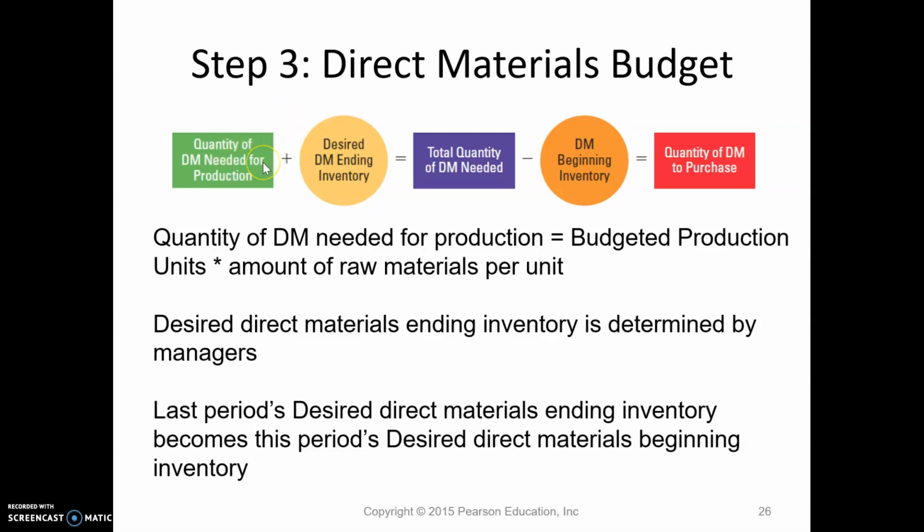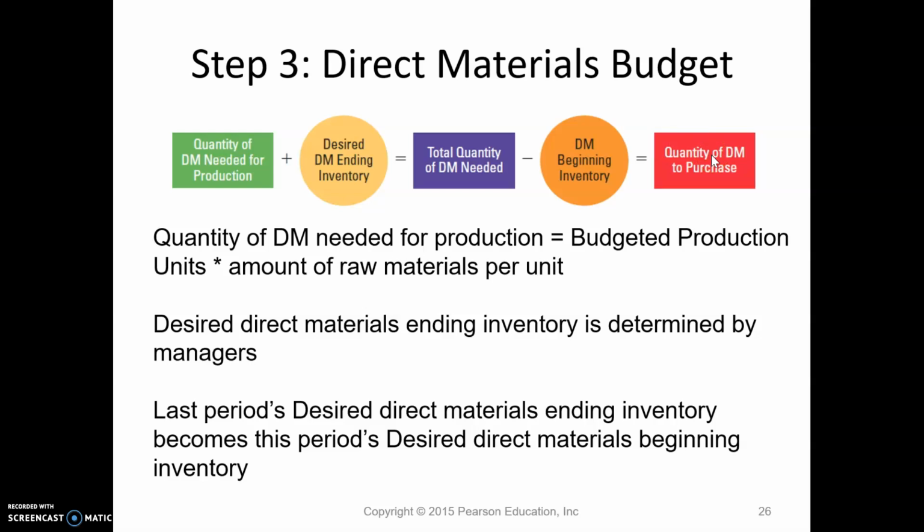So if we add what we need for production plus our ending inventory, that gives us the quantity of direct materials we need. But we're trying to figure out what we need to buy. We don't need to buy everything we need because we had some direct materials in beginning inventory. So we subtract that, and that tells us the quantity of direct materials that we need to purchase.